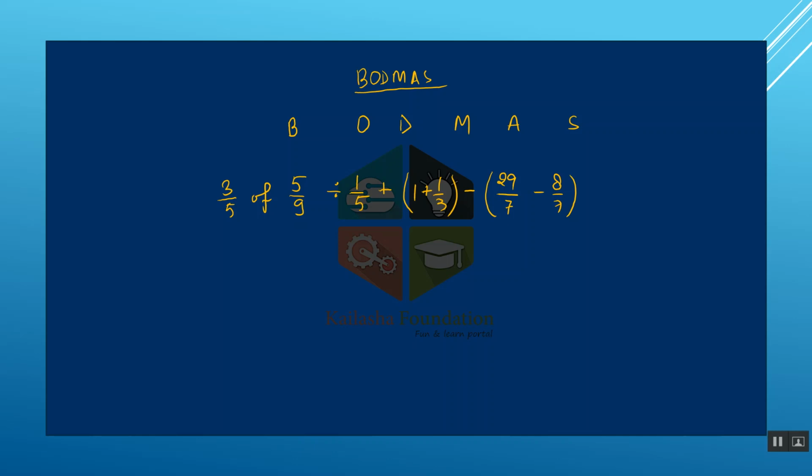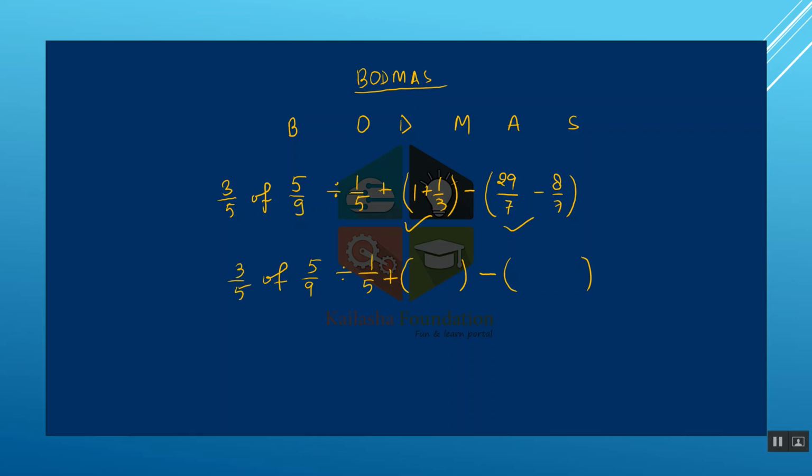So at first B for bracket, so we have to evaluate these two brackets. Everything else will remain the same, so this is as it is 1 upon 5, this is divide 5 upon 9 of, and this is 3 by 5.